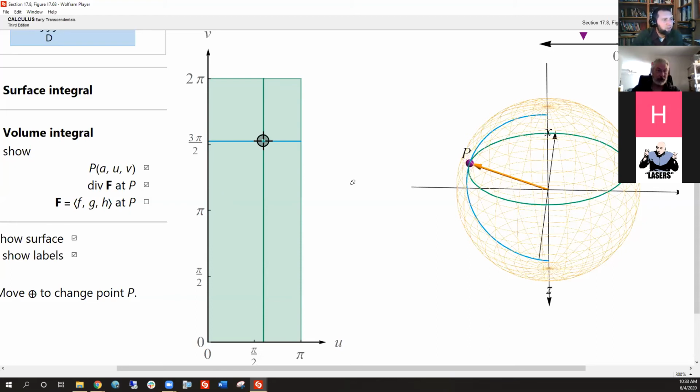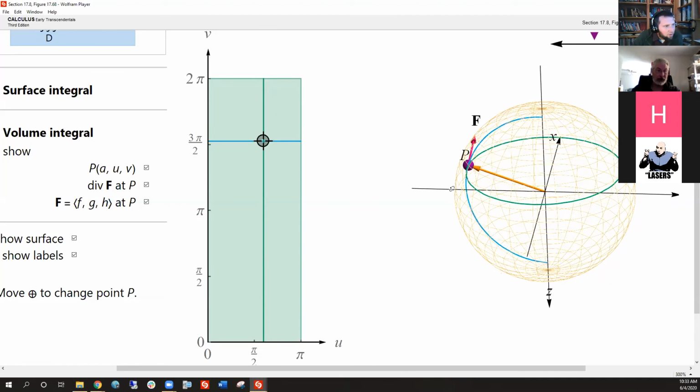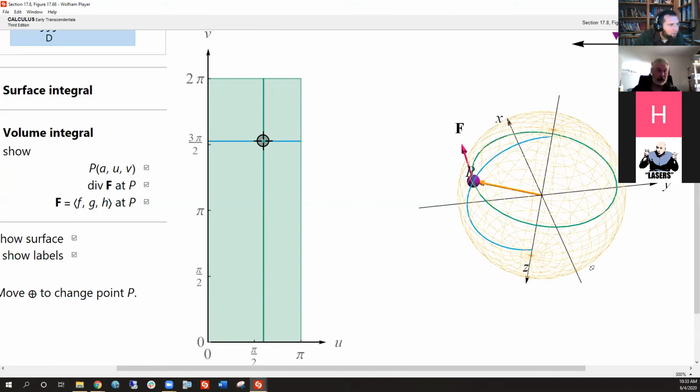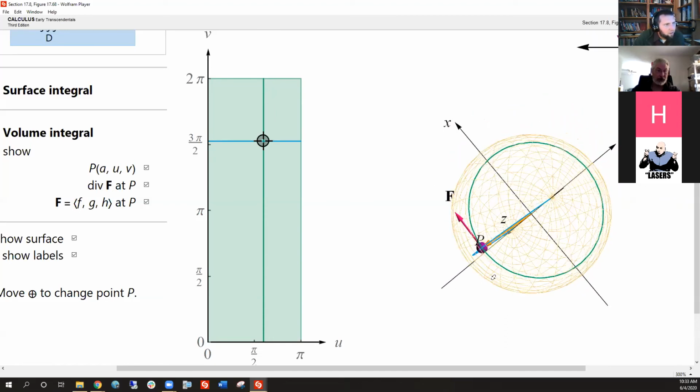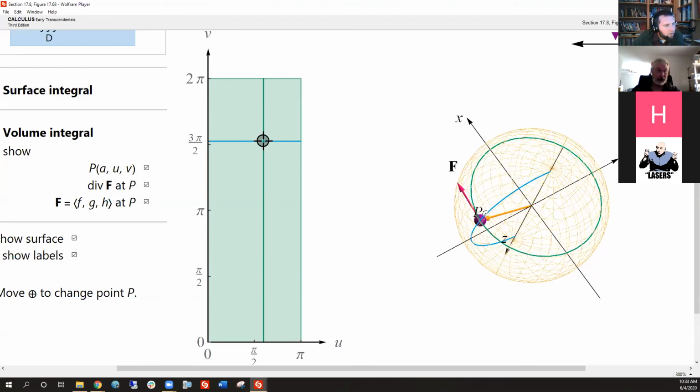In the divergence, let's see if we can put the field on. Let's see what it does. Hard to tell what's going on there.